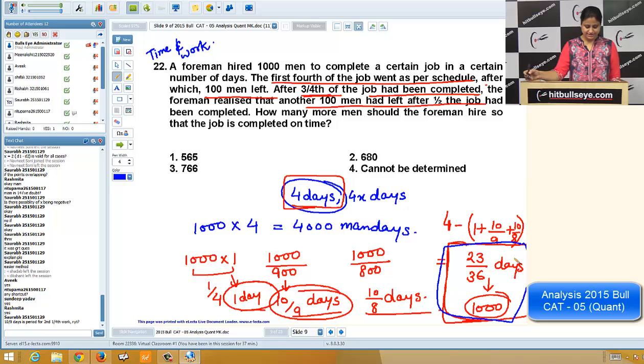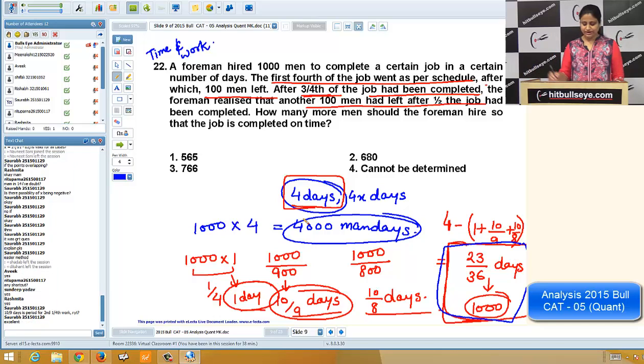Sort of 10 by 9 days is the period for the second lot, I mean for the second 1000 men days work. Yes, 1 by 4th is the work, because the work is 4000 men days. Now 23 by 36 days, and the work is 1000 men days.